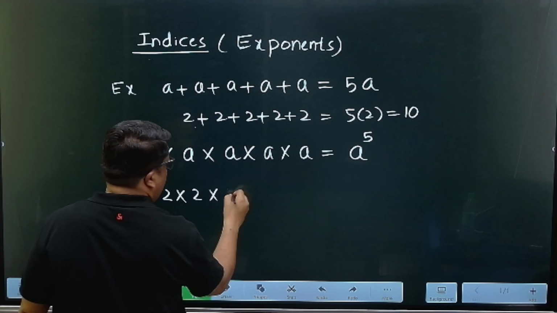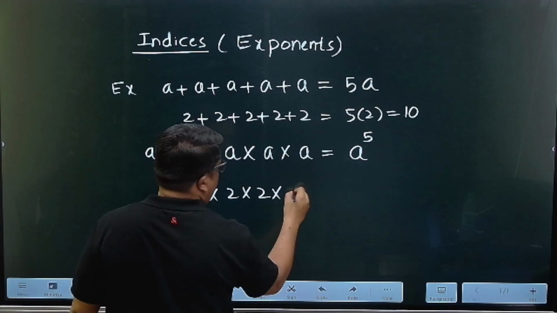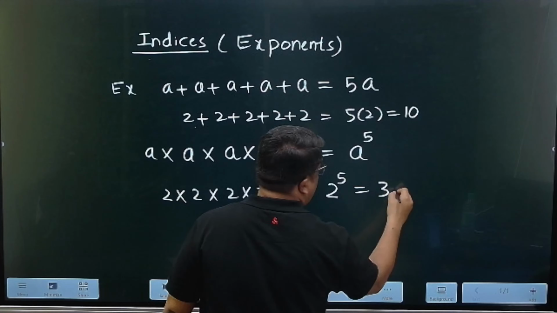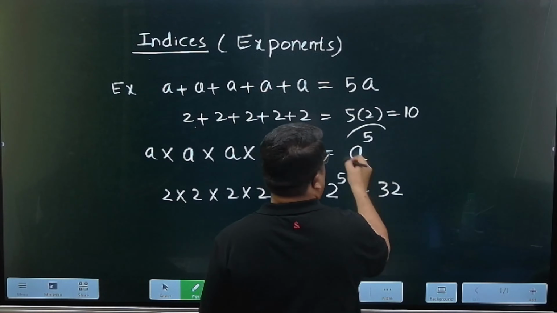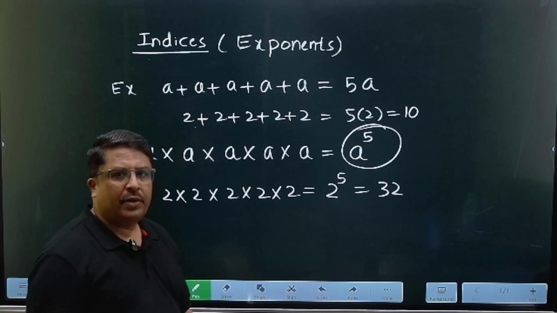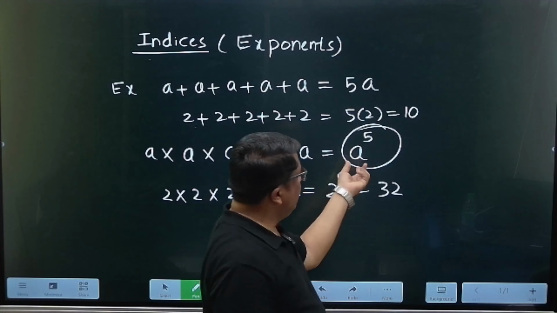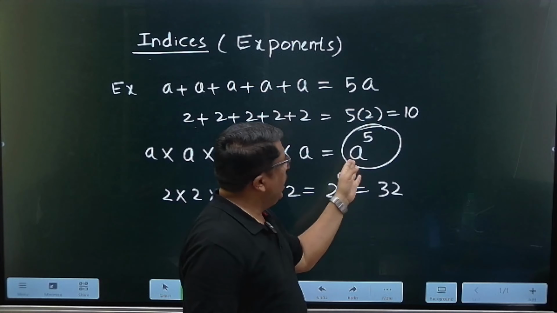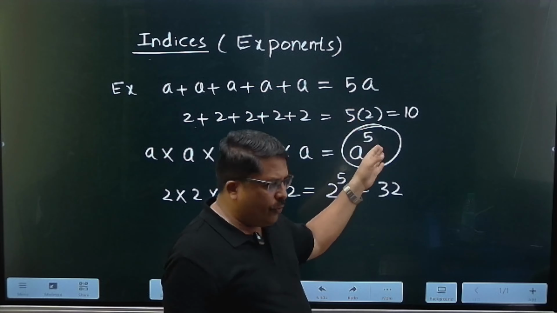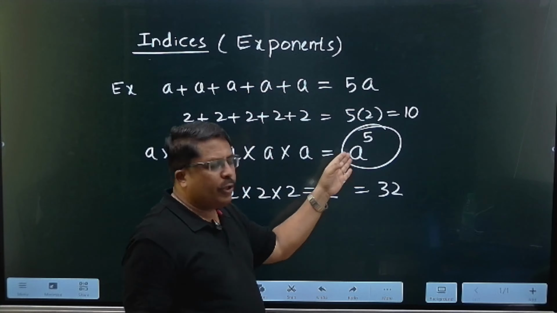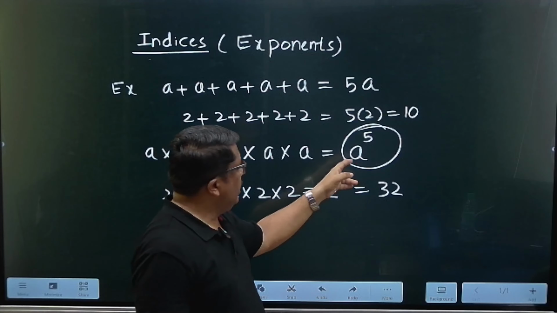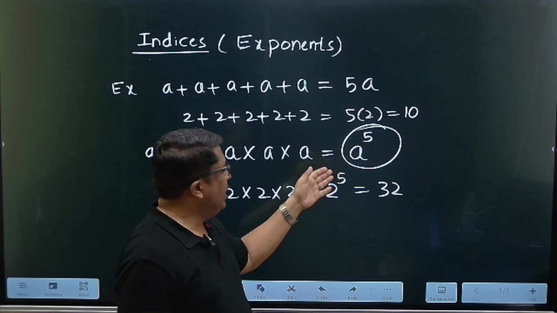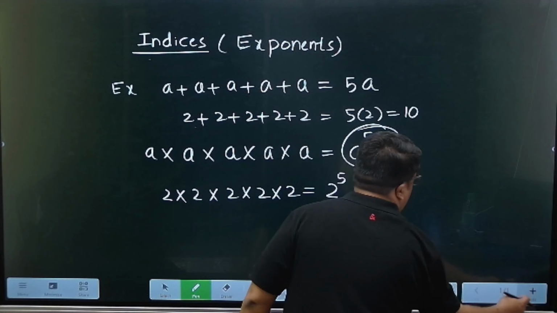For example, if I multiply 2 five times, then I can write 2 raised to 5, that is 32. So now here the new concept that comes into the picture is called exponent. We read this as a to the power of 5, an exponent function, exponential function.